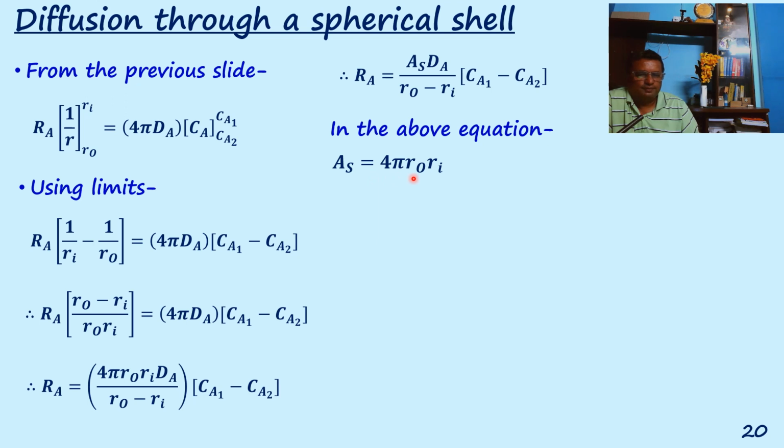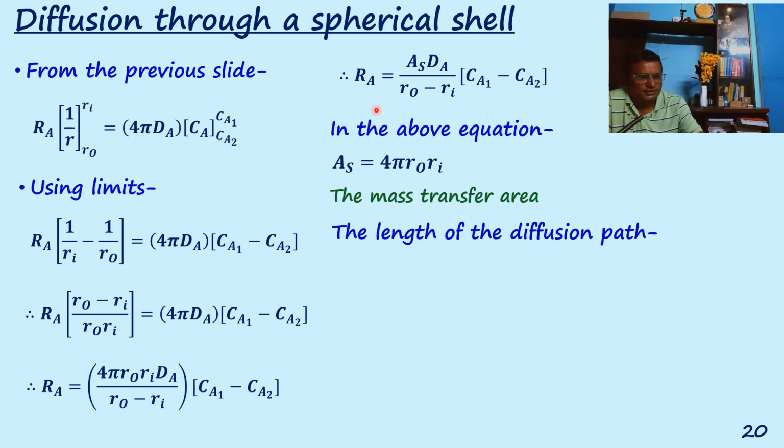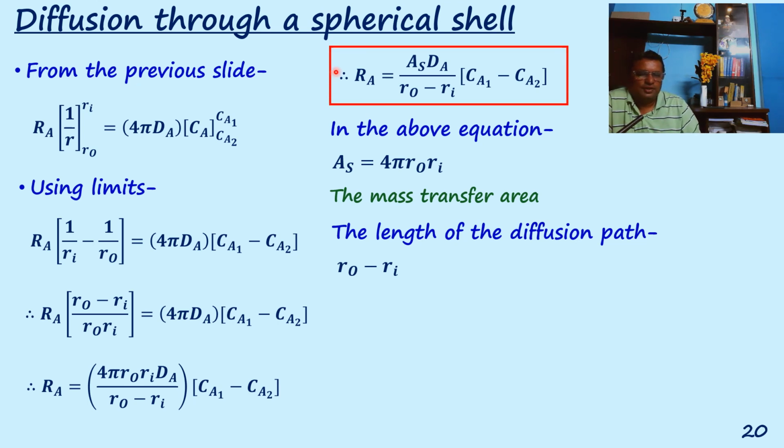It is 4 pi into R0 into Ri, and this is nothing but the area for mass transfer, that is area through which diffusion is going to take place, and length of the diffusion path is R0 minus Ri, thickness of the spherical shell. Okay, so in this way, now we have an equation that can be used to find rate of diffusion through the wall of a spherical shell.